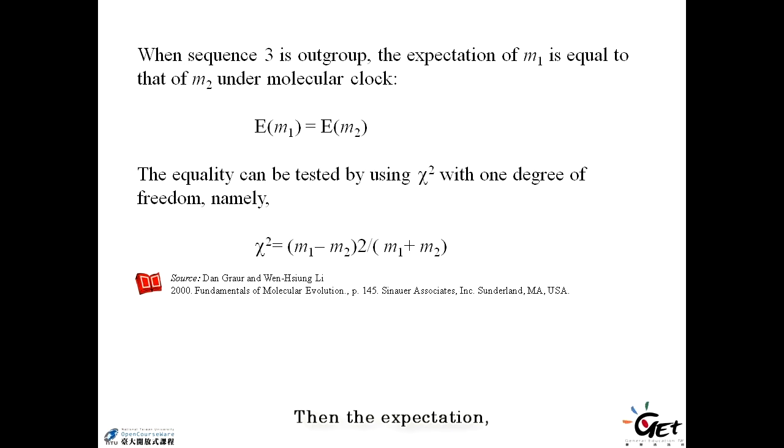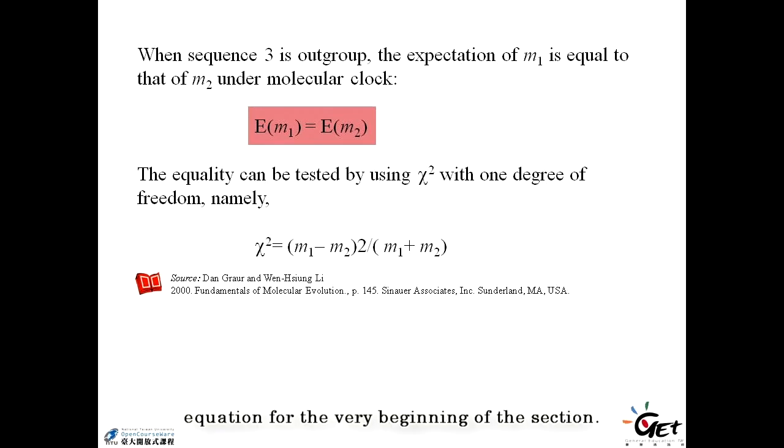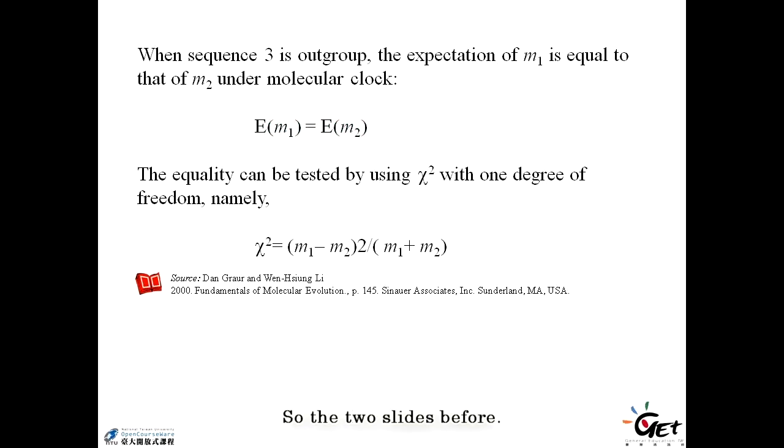Then the null hypothesis is that the expected numbers for these two are the same. So the large E is the expected number, and for these two it is the same. This is exactly the same equation as at the very beginning of the section, two slides before. It's just the first equation with ij, trying to show you the possible configurations.